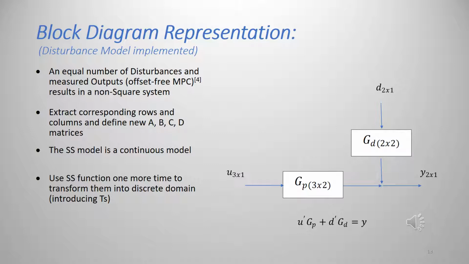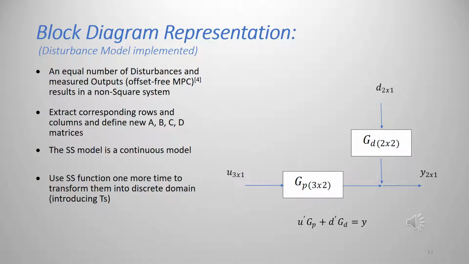model. To do this, we use the SS function once again with a discrete sampling time t sub s, and the output of this function would be the discrete state space model with 2 disturbances and 3 manipulated variables with 2 outputs.